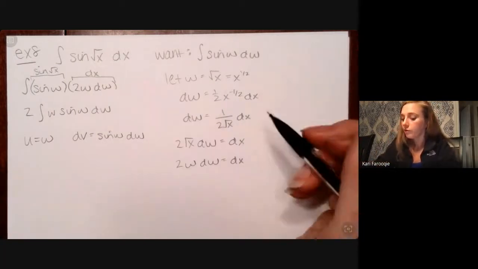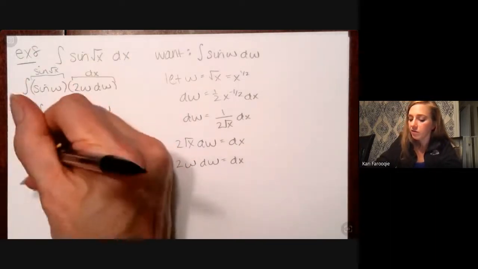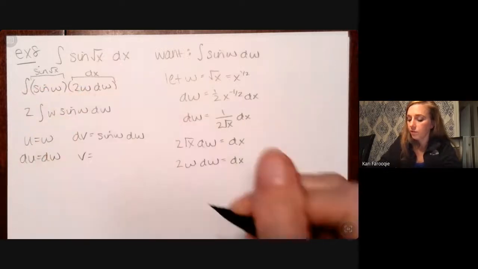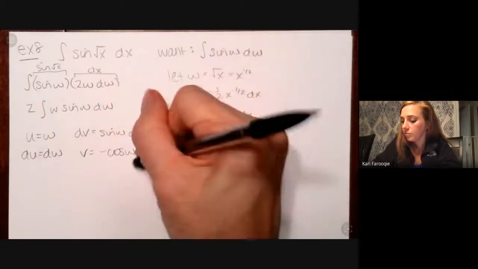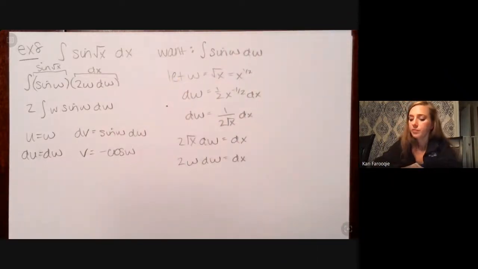Sorry, very distracting. du, second time I've done that, equals dw. And v is going to be negative cosine w. Oh, and no dw. And then we'll just go ahead and rewrite this using the parts.